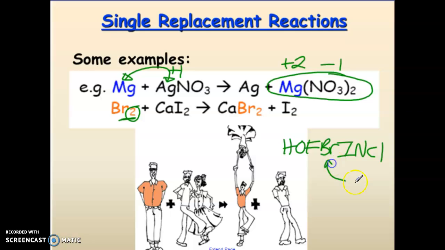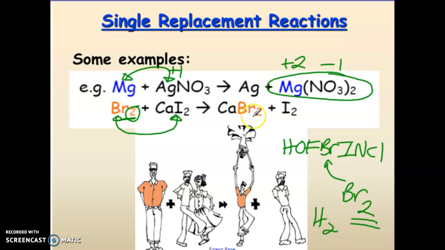So bromine, when it is alone, is really always Br2. Same with any of these other elements, like H2, O2, etc. So bromine is going to swap places with iodine because calcium is a metal. It cannot swap with the metal. A non-metal can only swap with a non-metal.